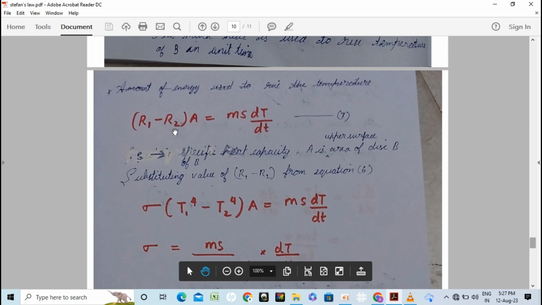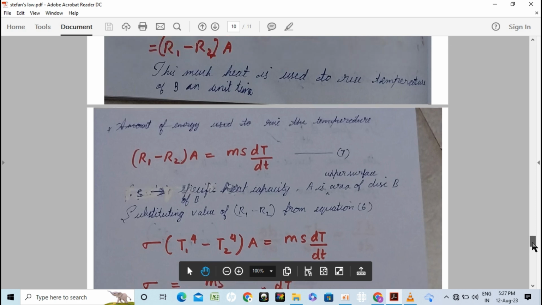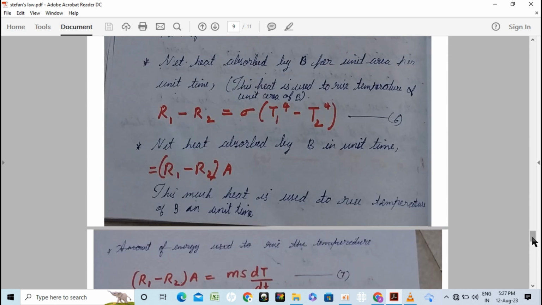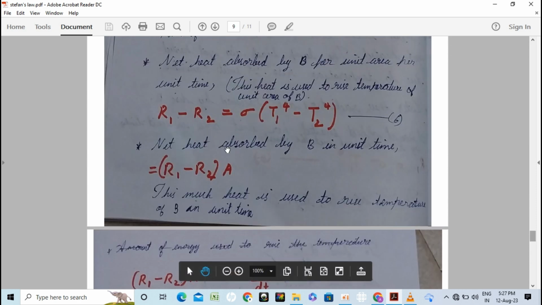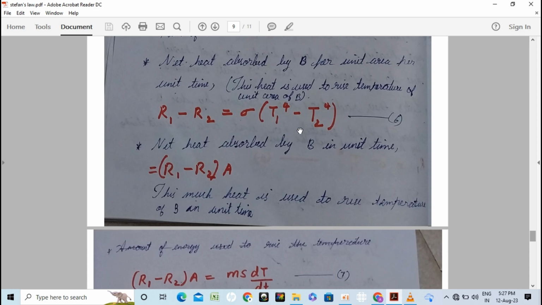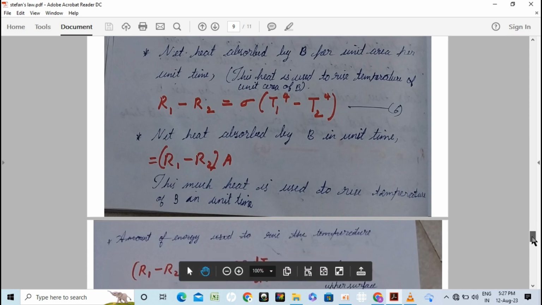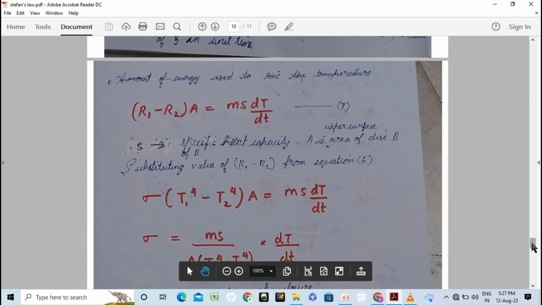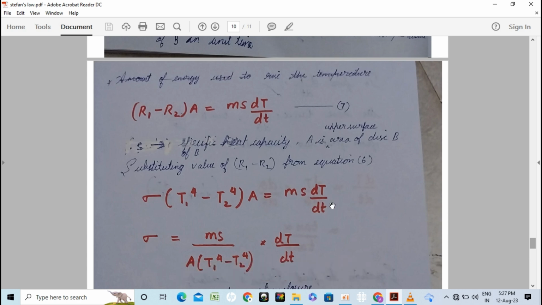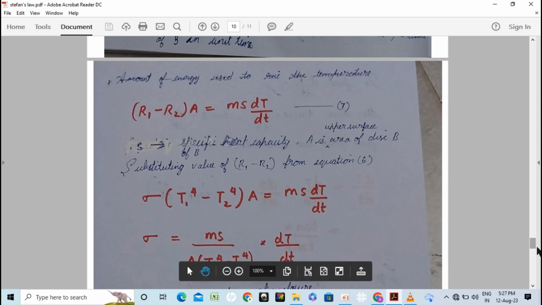Now substituting the value of R1 minus R2, which is sigma into T1 raised to 4 minus T2 raised to 4, we get sigma into T1 raised to 4 minus T2 raised to 4 times A is equal to ms dT by dt.